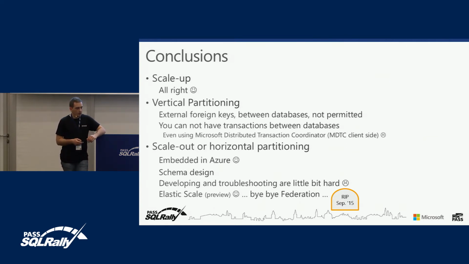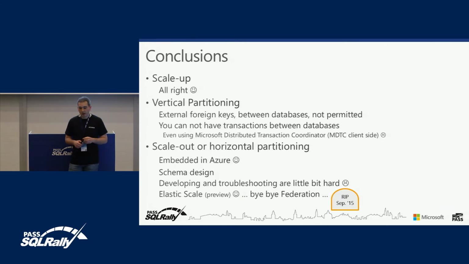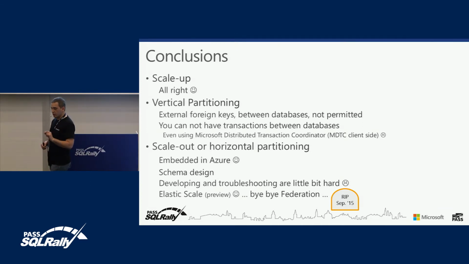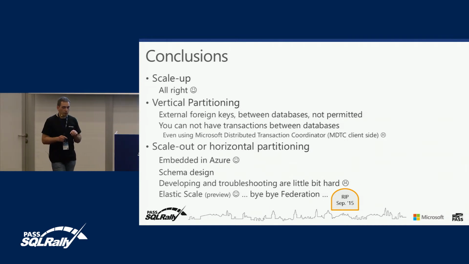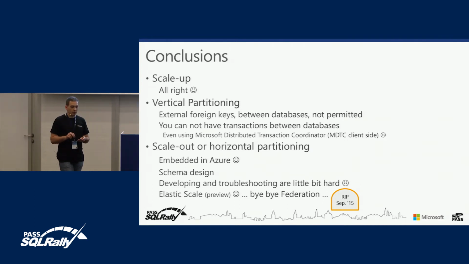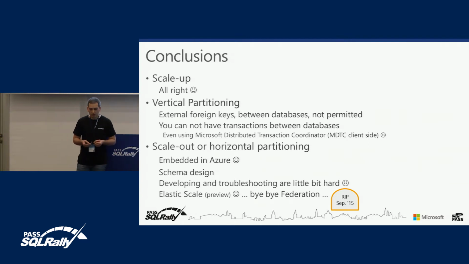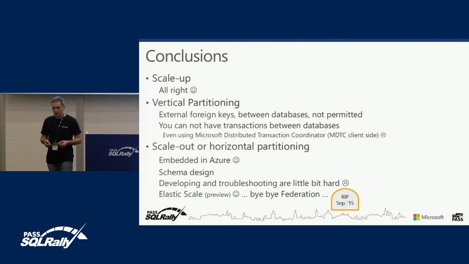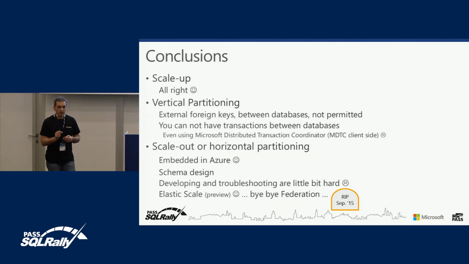And lastly, scale out or horizontal partitioning is embedded in Azure. But you need to do something in the schema of the database for it, and the cost is that developing and troubleshooting are a little bit harder.